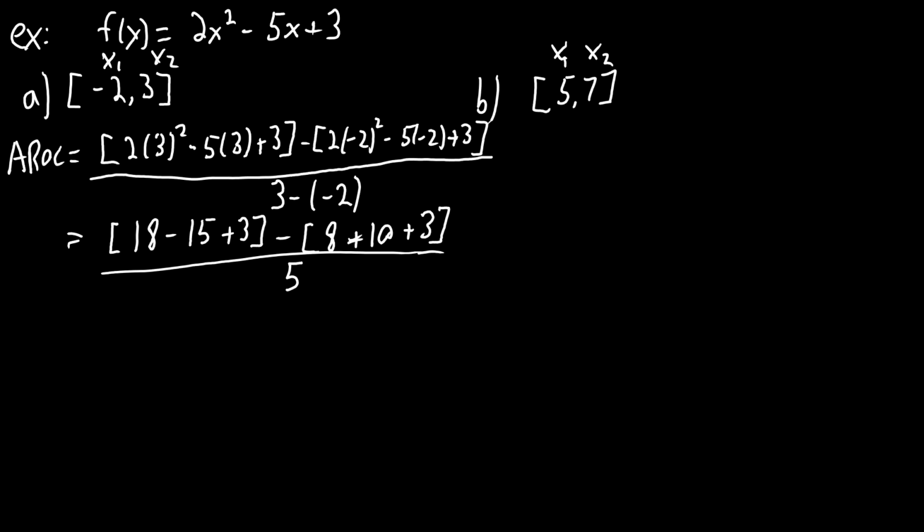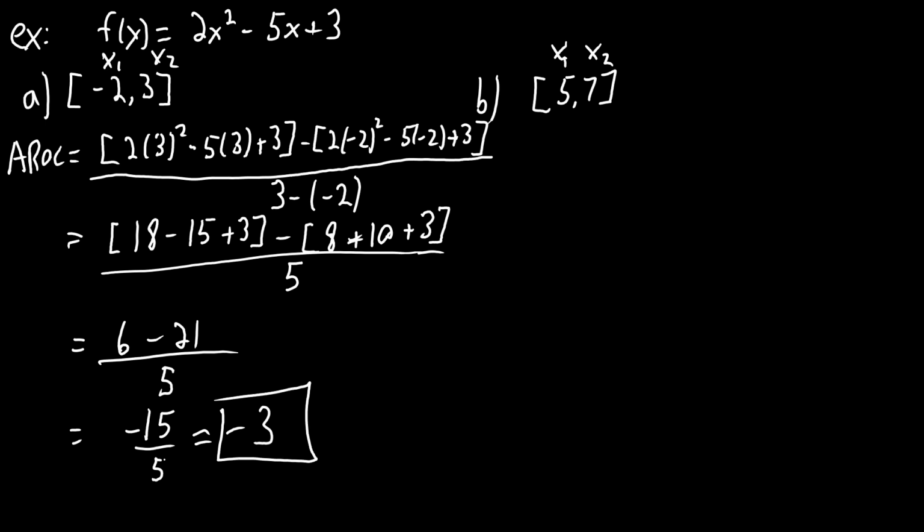Calculating all this out, we're going to have 18 minus 15 plus 3. That is 6. 8 plus 10 plus 3 is 21. So 6 minus 21 over 5. So this is actually going to come out to a really nice answer here. It's all just going to come out to negative 15 over 5, which is just negative 3. So that's a nice answer, considering what we started with.